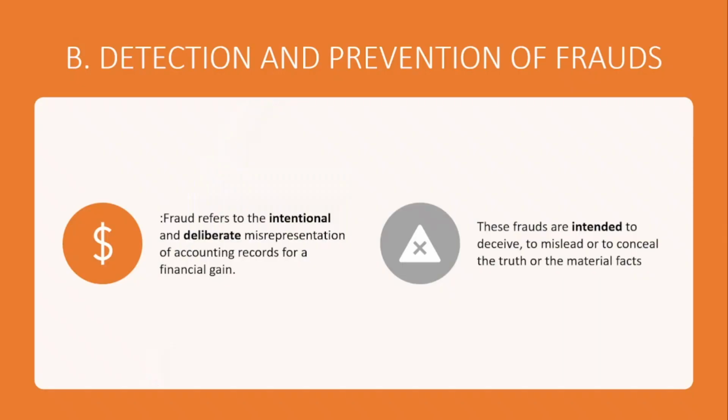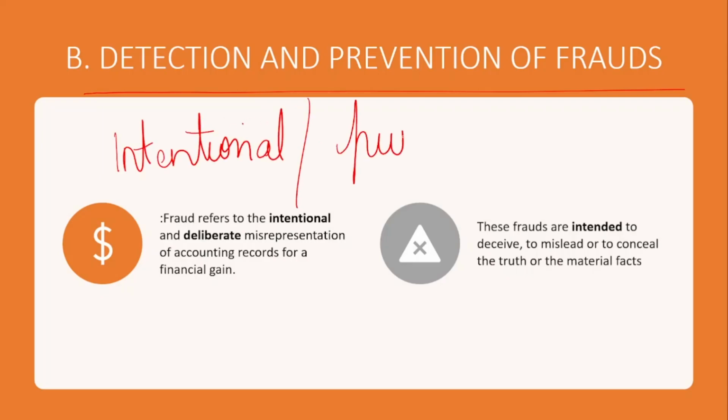Next is detection and prevention of frauds. Till now we saw about errors. What is fraud? Fraud means intentional mistakes, which you do purposefully. Knowing that it is a mistake, you perform it, then that is known as fraud.